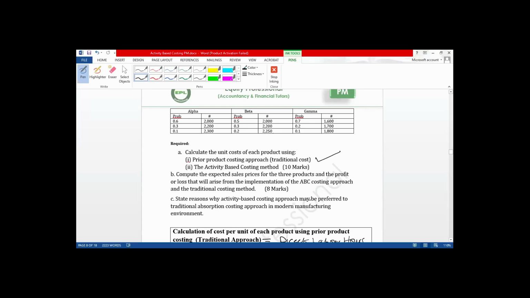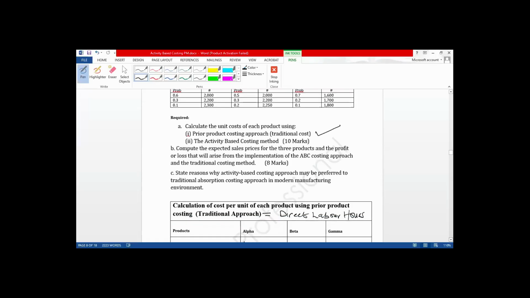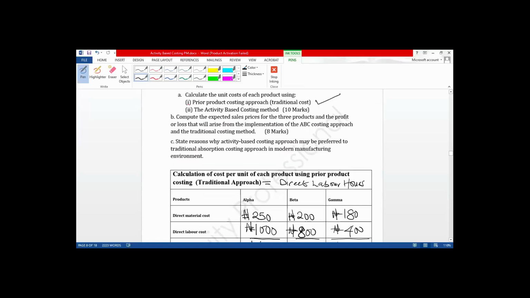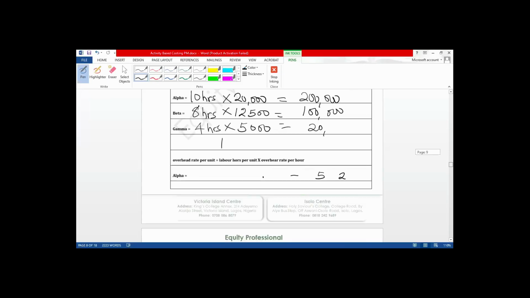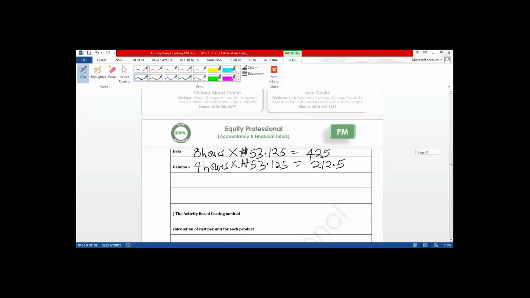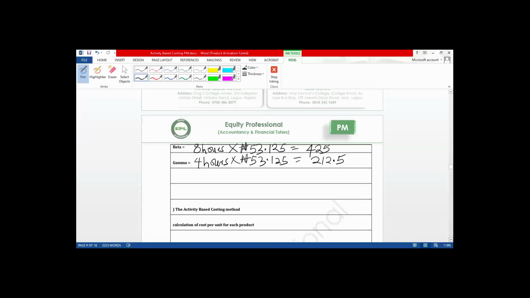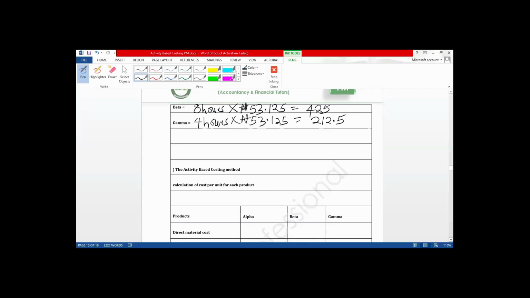Let's go to this. All right, activity-based costing method, calculation of cost per unit for each product.